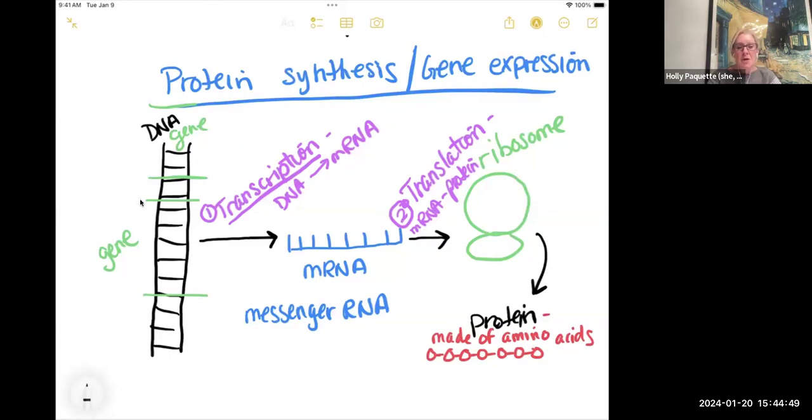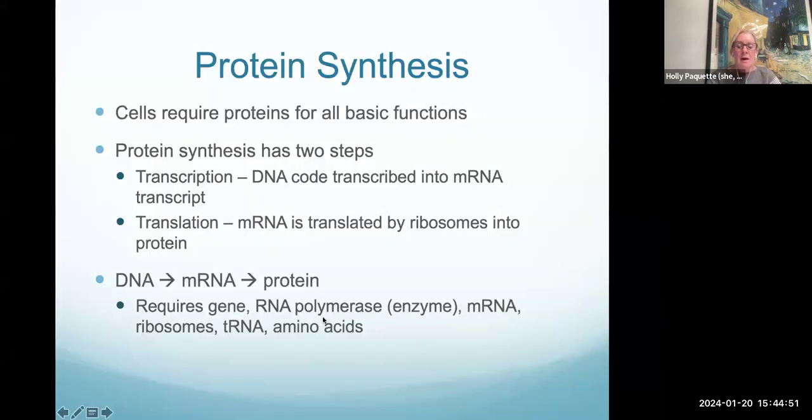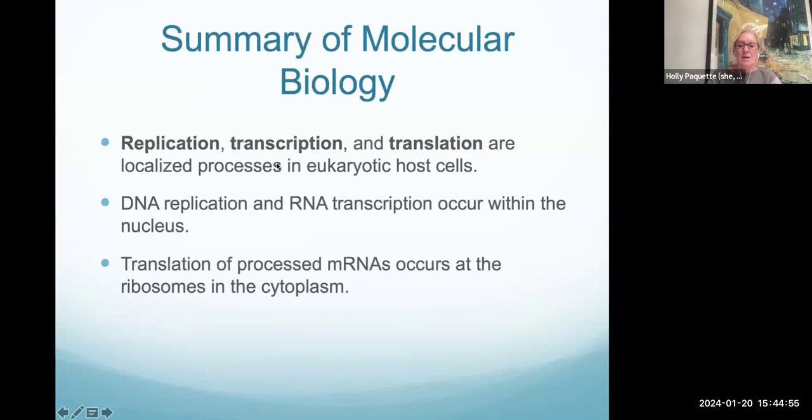So we'll go back and finish up the lecture. Let's move us to the next slide. So I do want to just get you to kind of think about the different molecular biology we just covered. So to kind of summarize this, we can have replication of DNA, and then we can have transcription and translation to make protein synthesis. And we want to think about this, that they have certain locations where these take place.